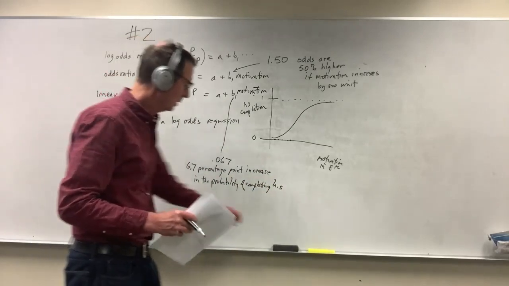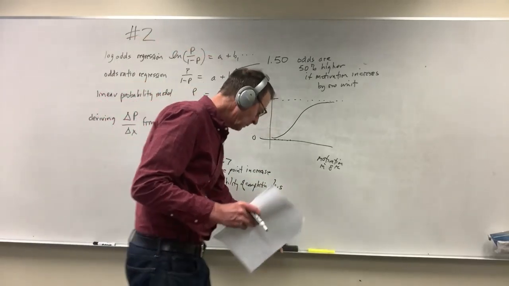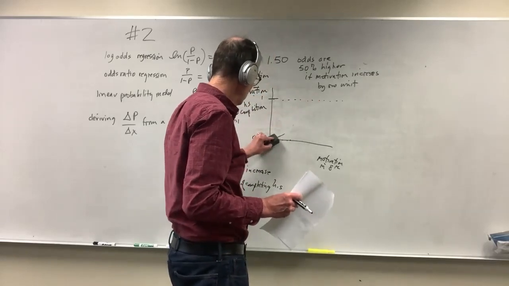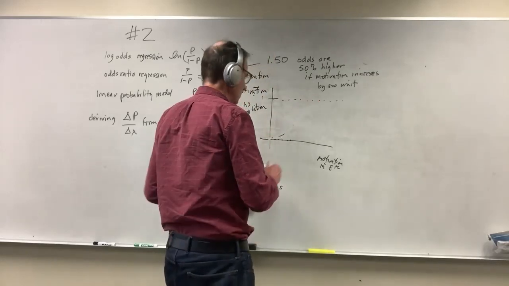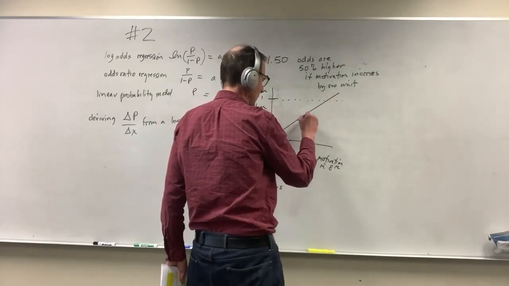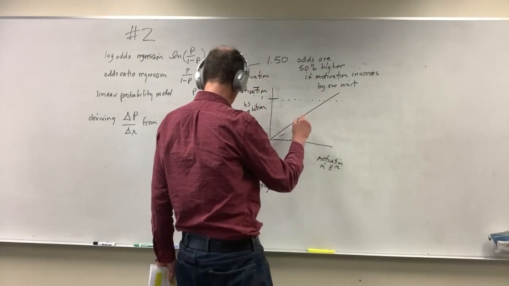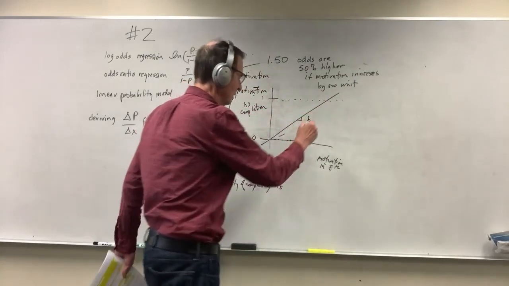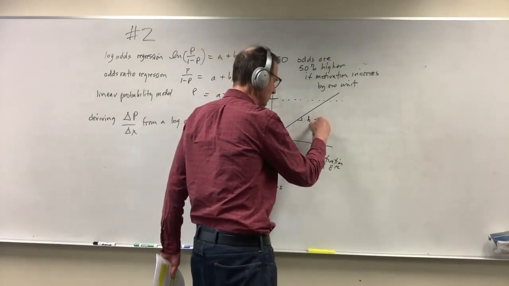All right, so in a linear probability model, we aren't fitting some fancy S-shaped function. We're just fitting a straight line. And the slope of that line is going to be B1, in this case 0.067.